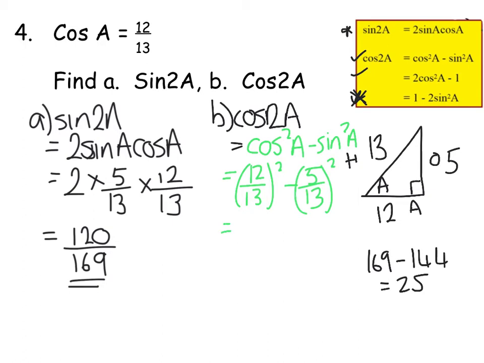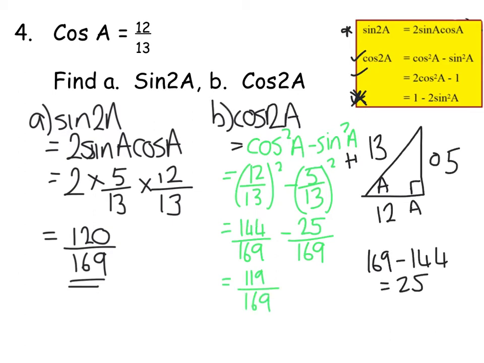Then you just square the top, square the bottom. So you've got 144 over 169 minus 25 over 169. And if you do that, 144 take away 25 is 119 over 169.